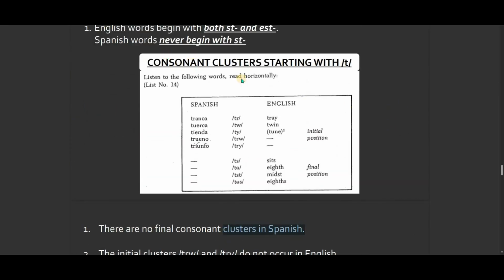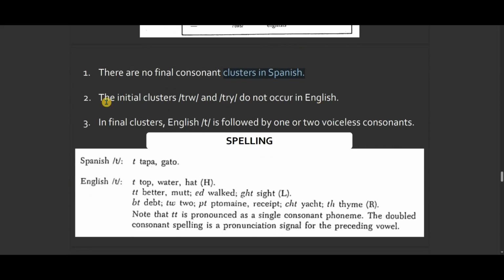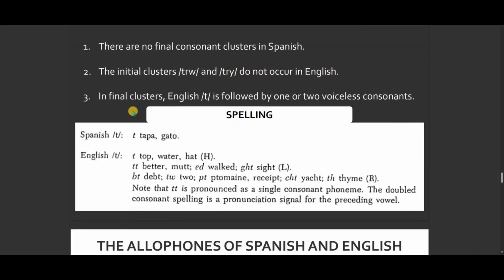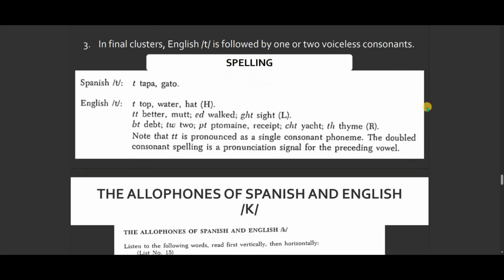Talking about the T sound, we can tell that the initial clusters TRW and TRY do not occur in English. And number three, in final clusters, English T is followed by one or two voiceless consonants.